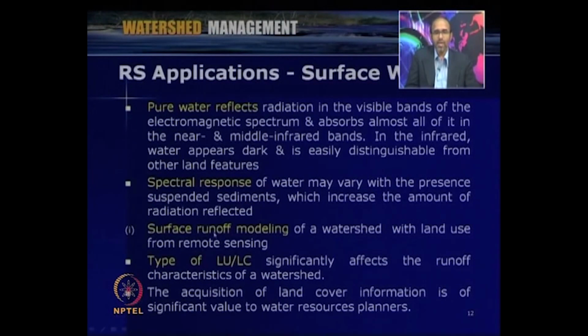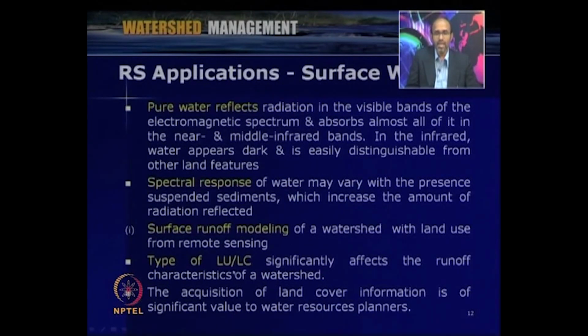Then, for surface runoff modeling of a watershed, land use from remote sensing can be used in hydrologic modeling, which we will be discussing in later lectures also. We can obtain the land use land cover for a particular area, and from that we can obtain the roughness coefficient, like Manning's roughness coefficient, which can be directly used in watershed based modeling. The type of land use land cover significantly affects the runoff characteristics of a watershed.